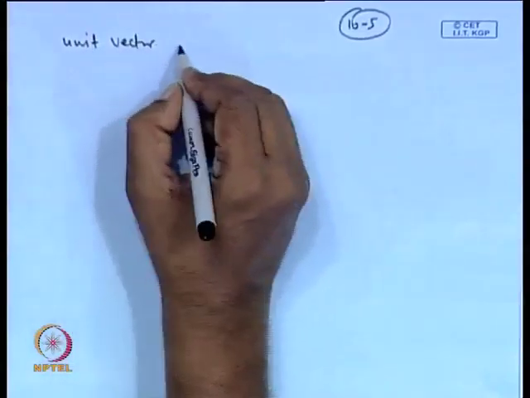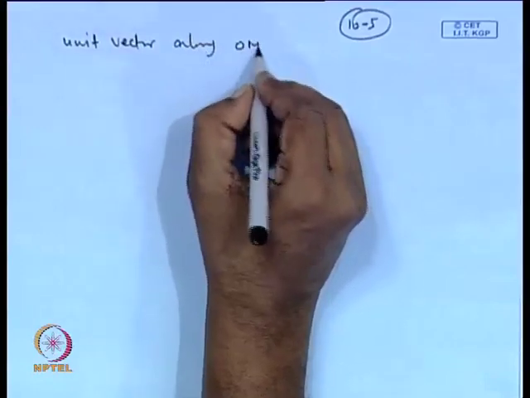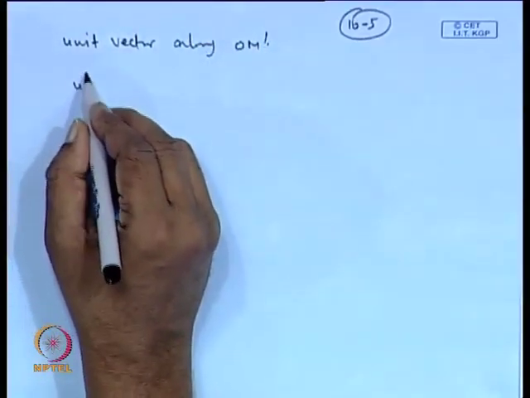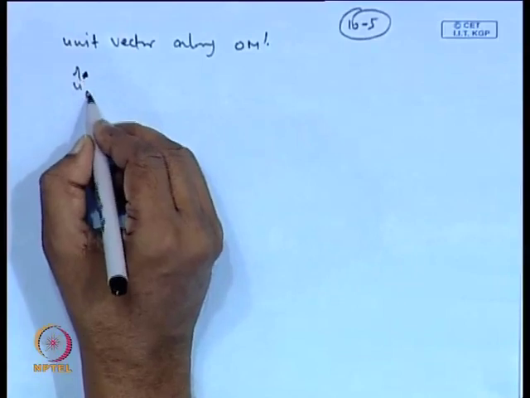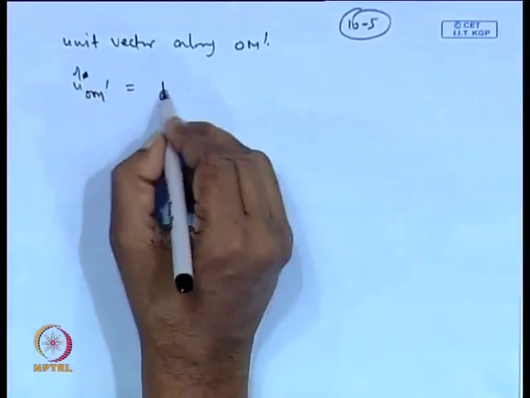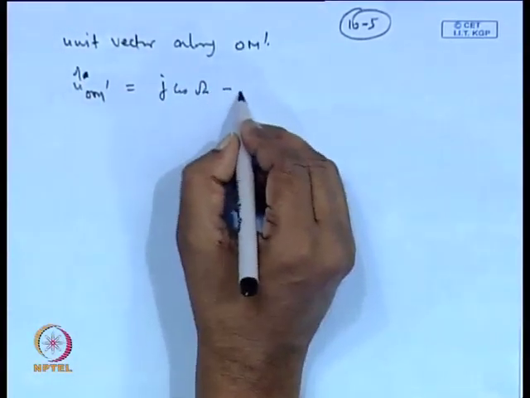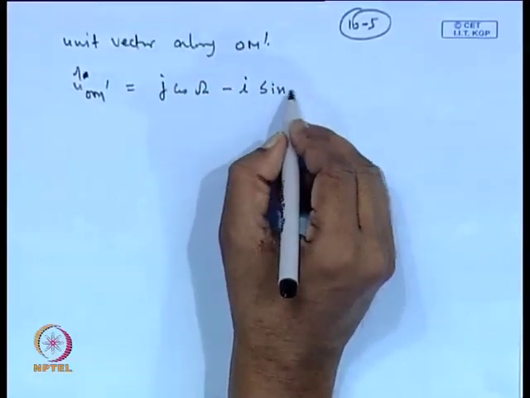Now, unit vector along OM prime, we can write it as U cap j cos capital omega minus I sin capital omega.